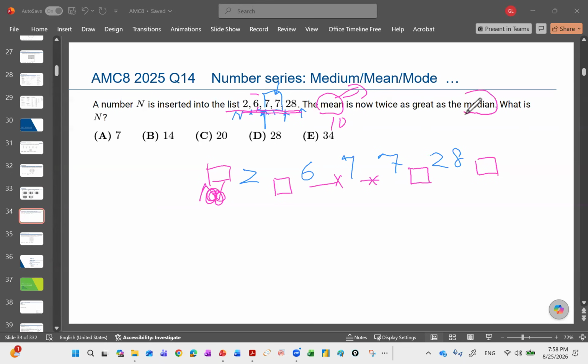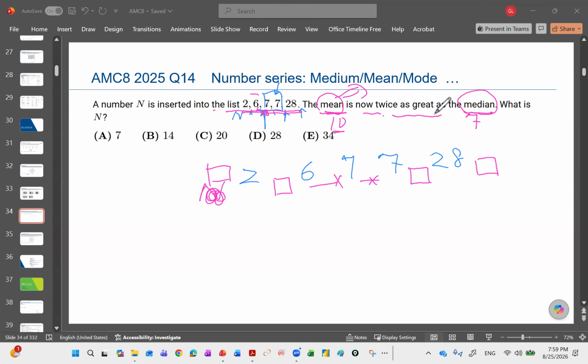What's the median? The median is the middle number. So in 5 numbers, the median is 7. So in the current 5-number series, the mean is 10 and the median is 7. If the inserted number makes the mean twice the median, it needs to be bigger.